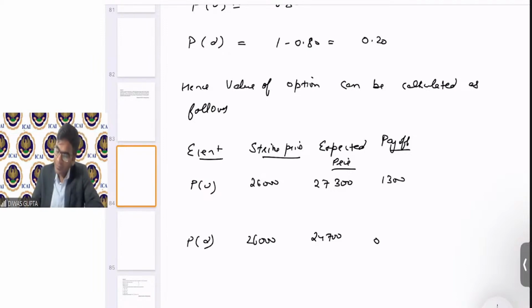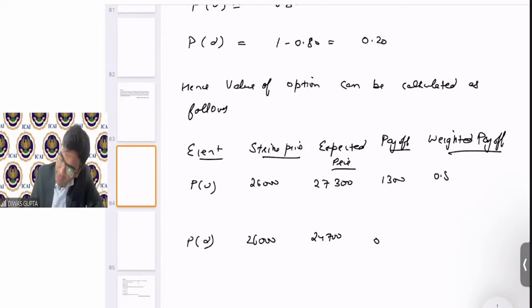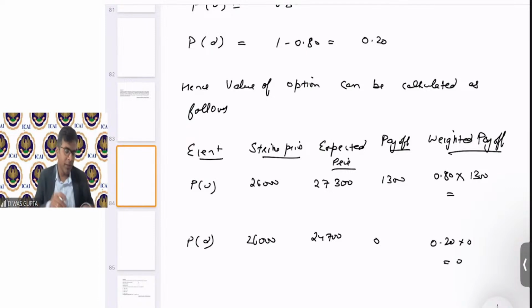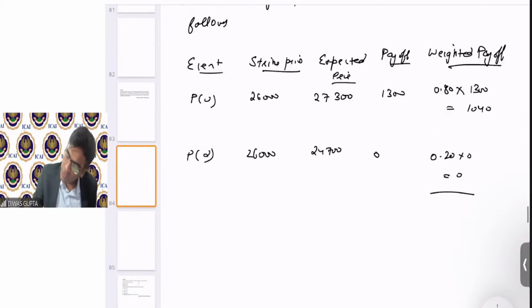Then weighted payoffs. So what is the weight? 0.80 into 1,300, which is the probability itself. And 0.20 into 0, which is equal to 0. So 0.8 into 1,300 comes as 1040. So the total weighted payoff is 1040.